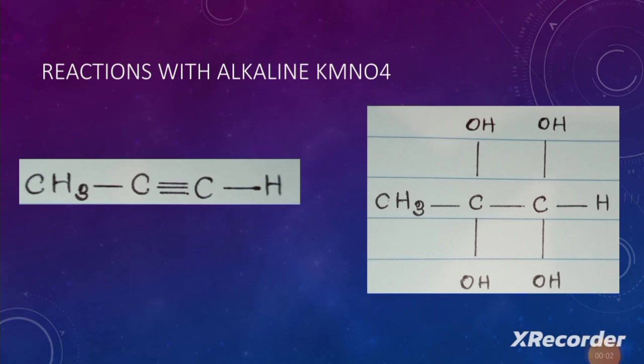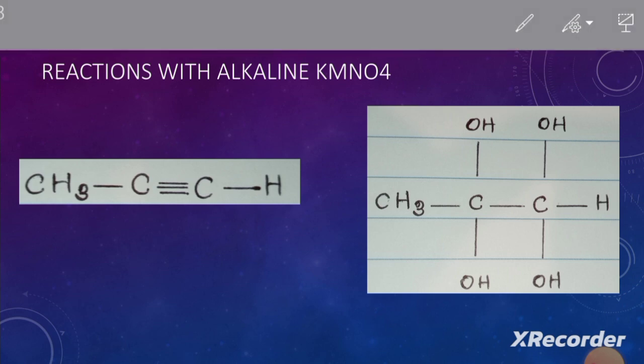We have discussed in the previous videos also that when you want to add OH, the reagent you should add is KMnO4. Two OH groups can be added to an alkene when you add KMnO4. So here if I want to add 4 OH groups to a compound, what I should do is put alkaline KMnO4 to the alkyne.